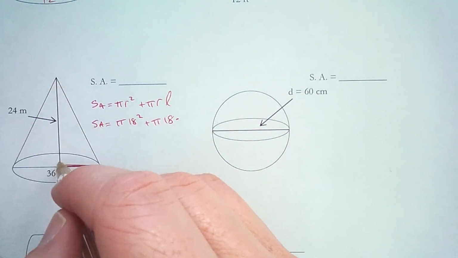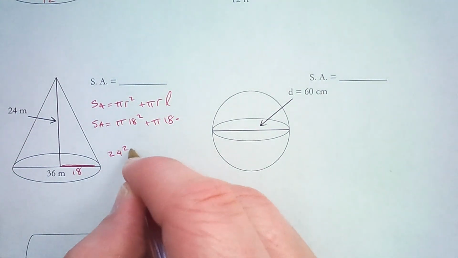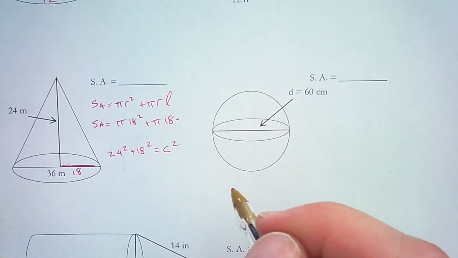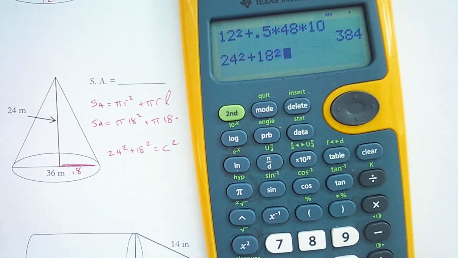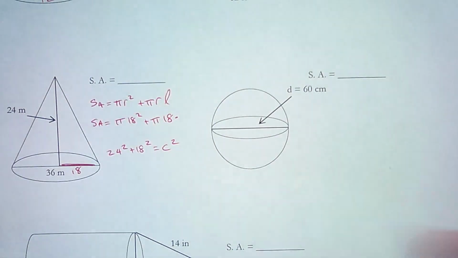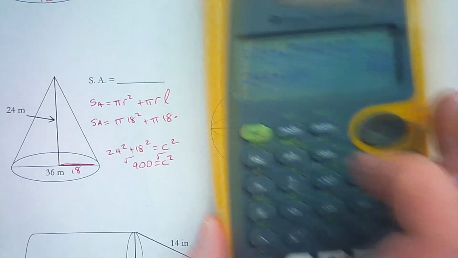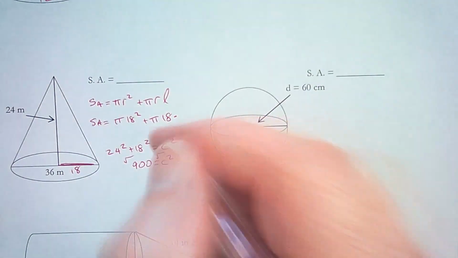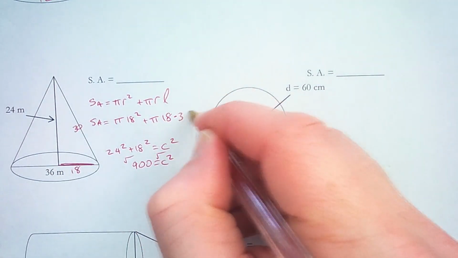Now we have the height, but not the slant height, so we're going to use the Pythagorean Theorem again. 24 squared plus 18 squared, that's leg squared plus leg squared, equals hypotenuse squared. 24 squared plus 18 squared is 900, and then the square root is 30. So the slant height is 30.